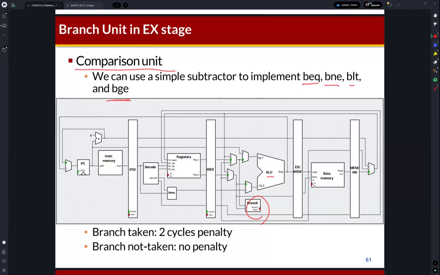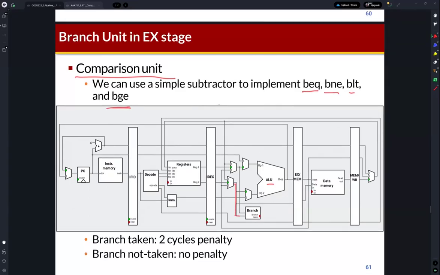So another possible solution is that the branch unit is here, and in this solution, the branch unit can receive data from the data forwarding multiplexer. You can find the forwarding multiplexer here, or here, and here, right?